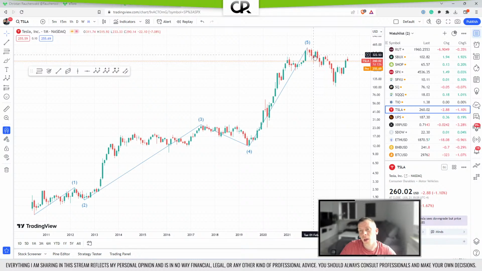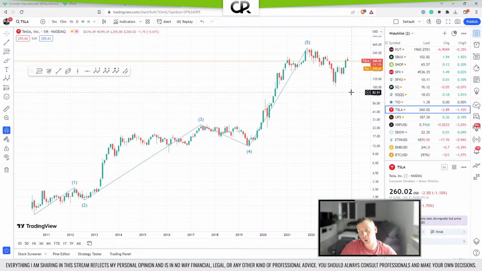So yeah, I'm not gonna spend more time trying to work out that corrective pattern here, or what I believe is still a corrective pattern in my opinion. I believe that we're still in the corrective phase and that we still have to see further drop for that to play out as an A, B, C, or any other form of correction.